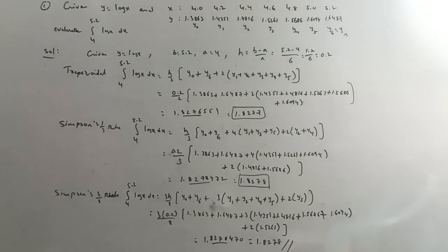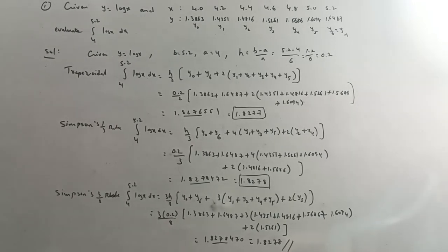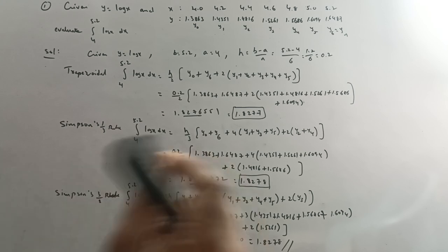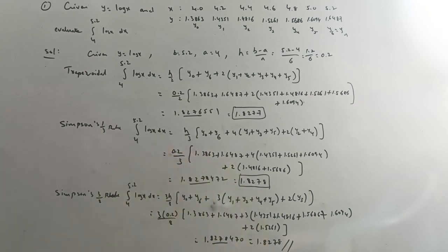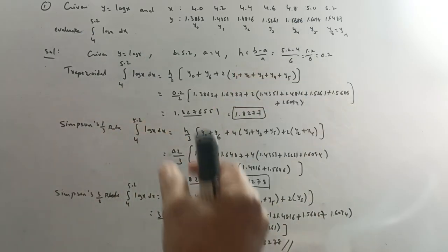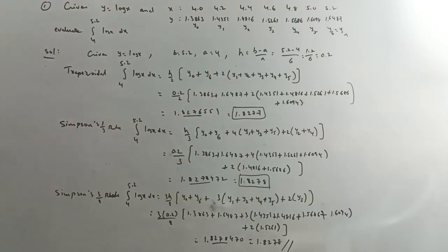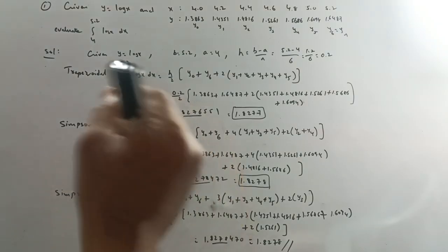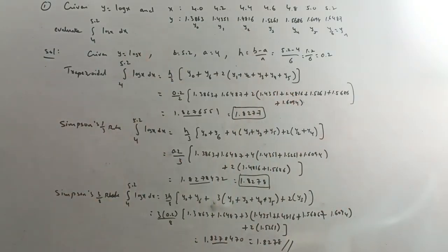This is a very important topic. The trapezoidal rule, Simpson's 1/3 rule and Simpson's 3 by 8 rule: whenever you are practicing, keep one separate page and write all those formulas. Whenever you have free time, go through them. Then you will remember those formulas for a long time.